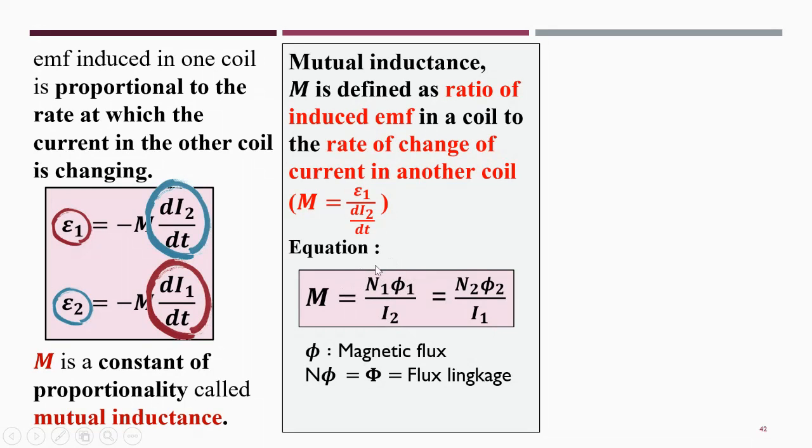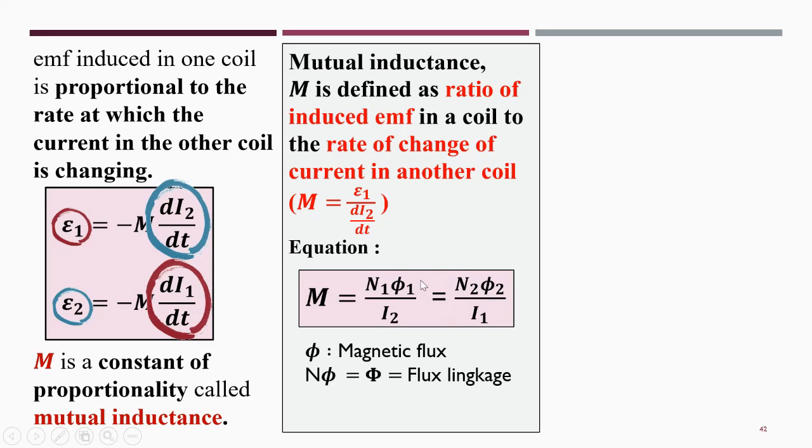So if the flux linkage happens in coil 1, the current that is causing the flux linkage is from coil 2. Therefore, the equation is flux linkage in coil 1 divided by current in coil 2.